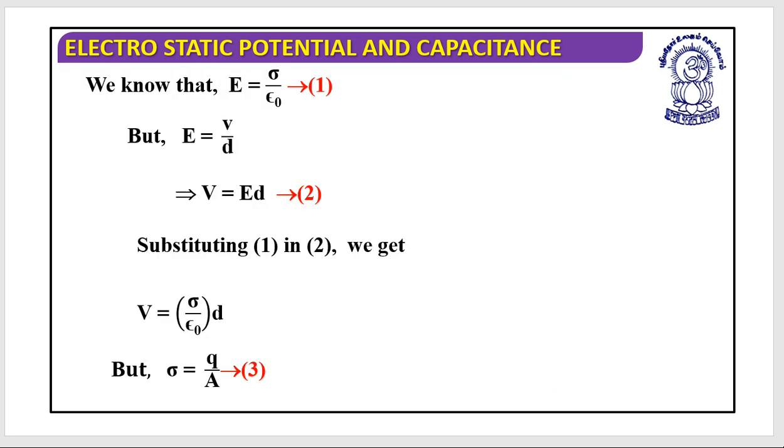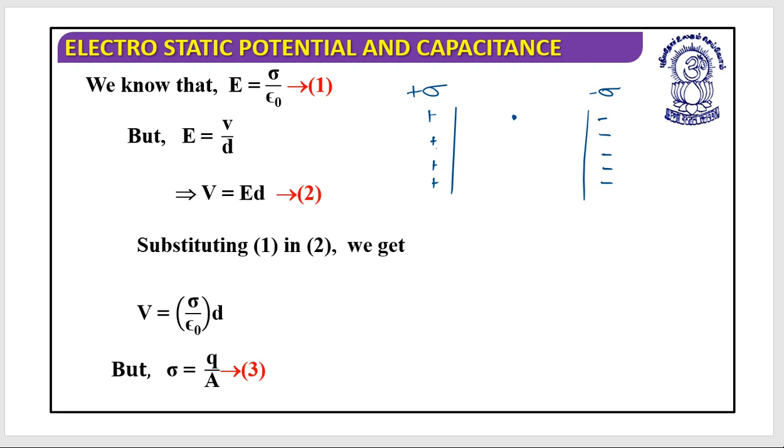Let's find it out. We know the electric field between two plates of a capacitor, what is it? This is plus, this is minus. Due to this positively charged plate, this is plus sigma, and if you observe, this is minus sigma.